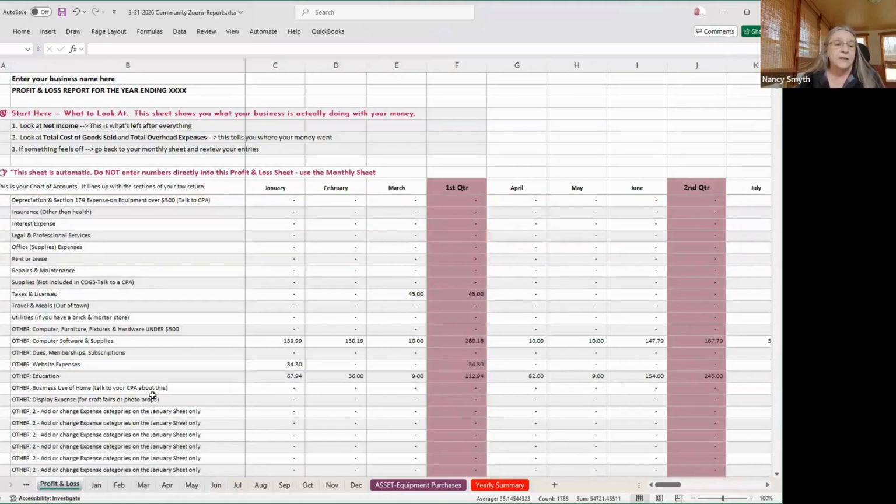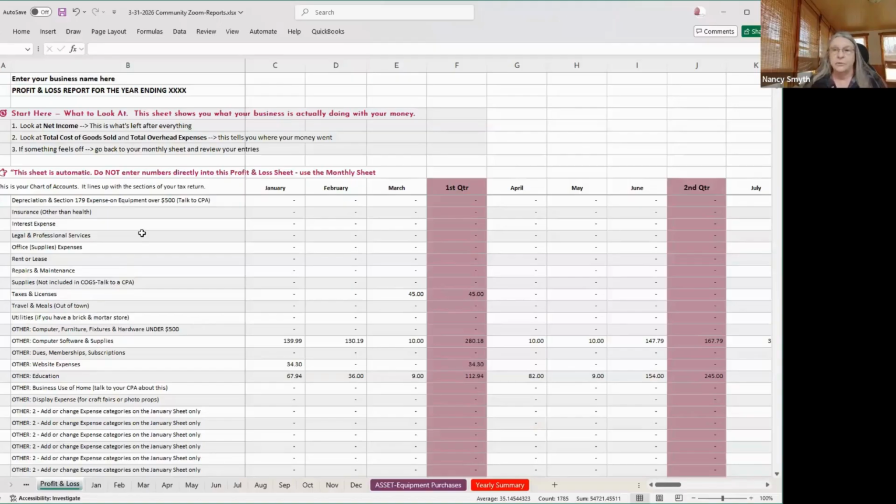I made it so when we use software, we can create any account names that we want to. When you use spreadsheets, I felt it was important to make the overhead expenses match up with what was on your 1040, okay?